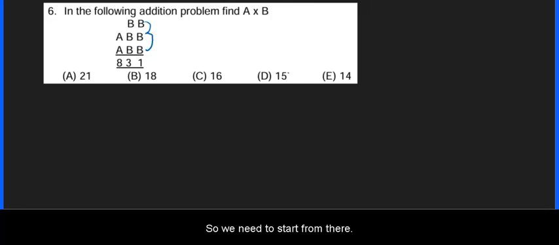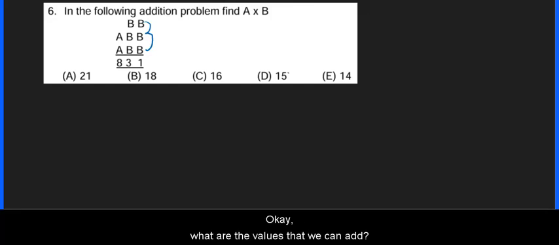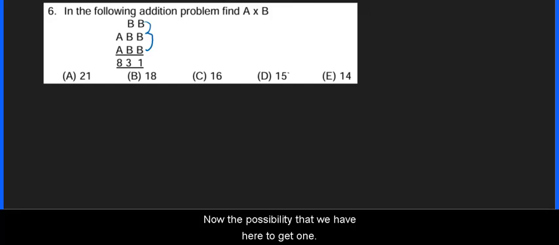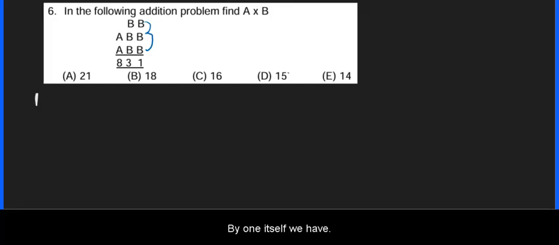So we need to start from there. What are the values that we can add and give us 1? Now, the possibilities that we have here to get 1, let's start by 1 itself.